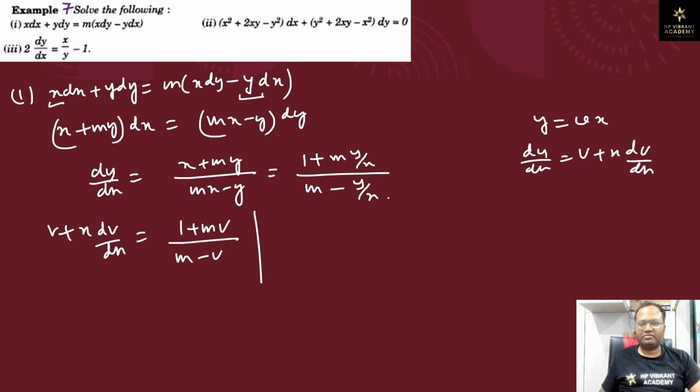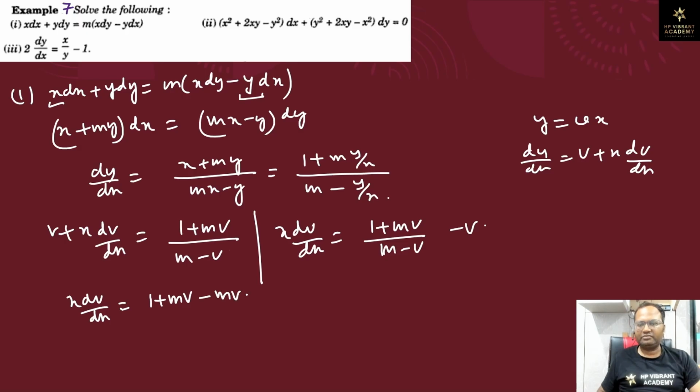So from here we have x dv upon dx is equal to 1 plus mv upon m minus v, so x dv upon dx is equal to 1 plus mv minus mv plus v square upon m minus v. This gets cancelled.